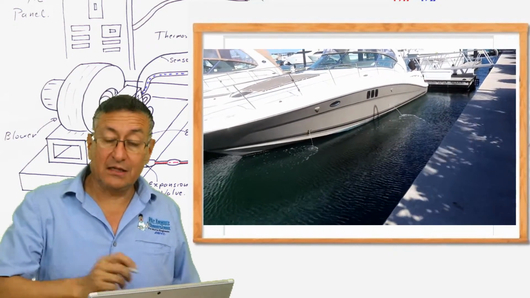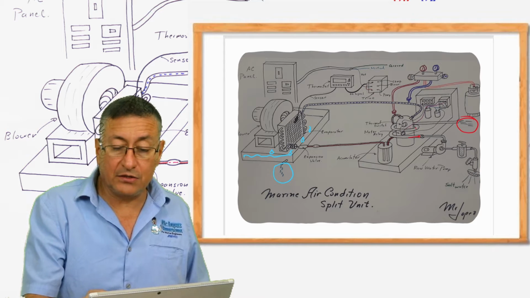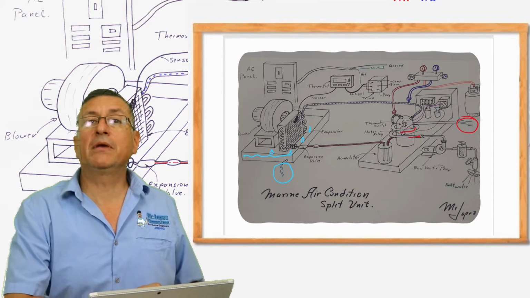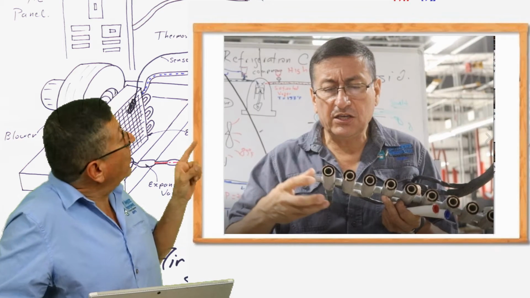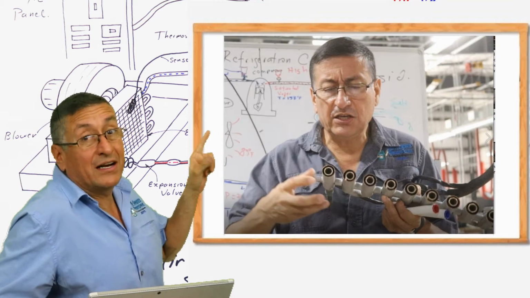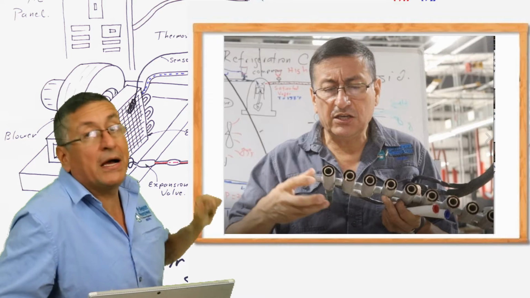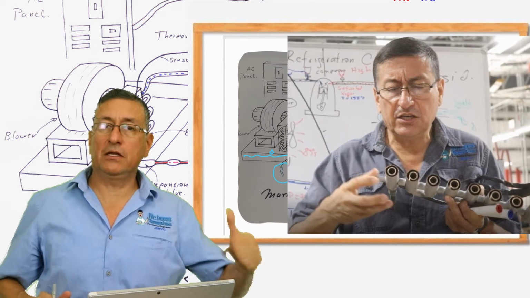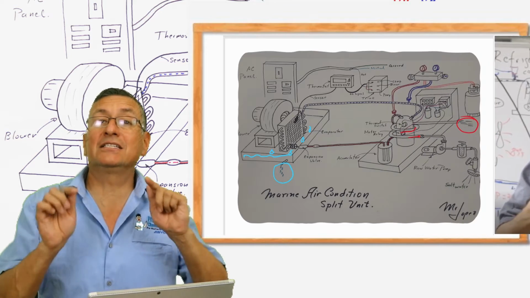Because internally in this coil, the temperature of the refrigerant is reduced. You remember? Because you have two pipes: one small pipe with refrigerant surrounded by the big pipe with salt water. I explained that situation in the previous episode.